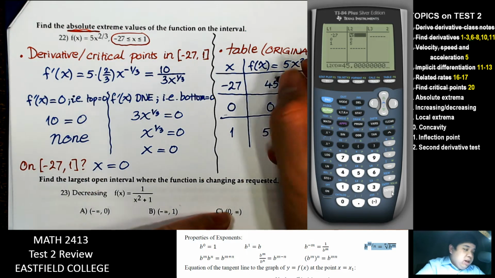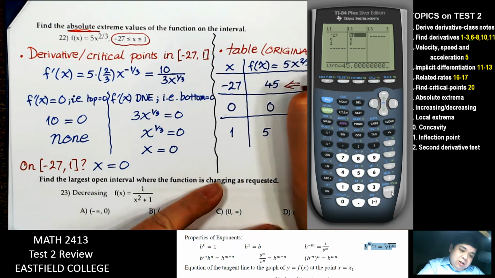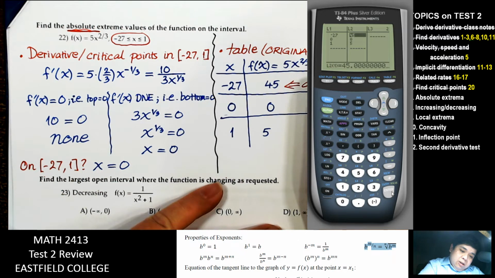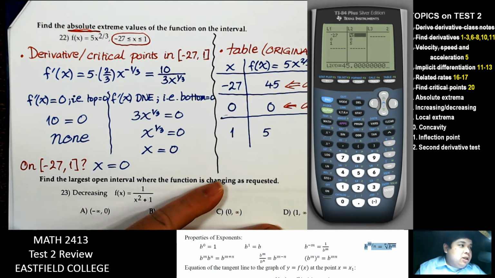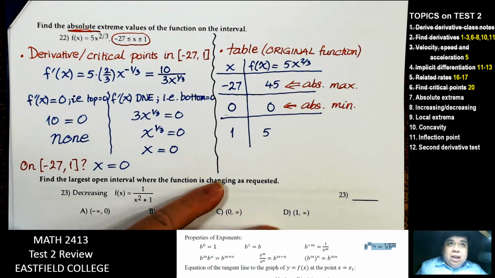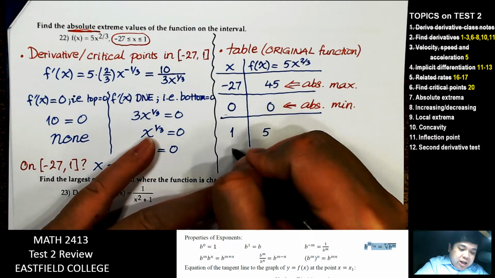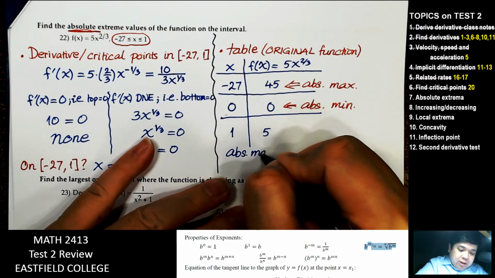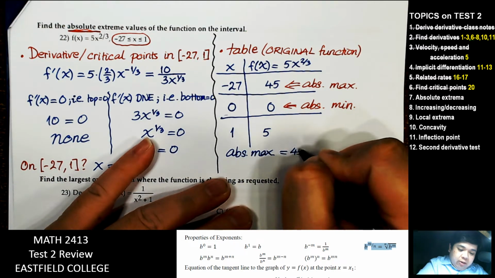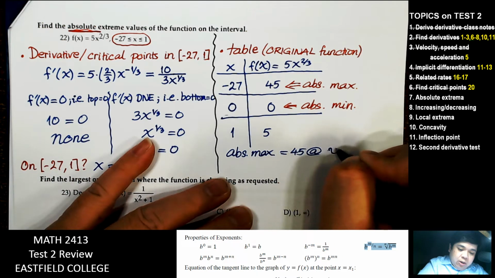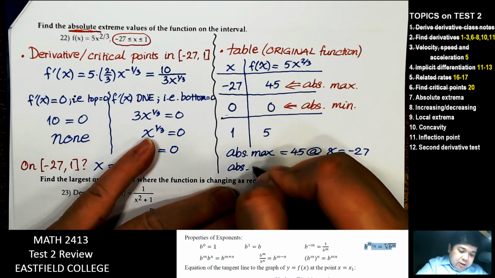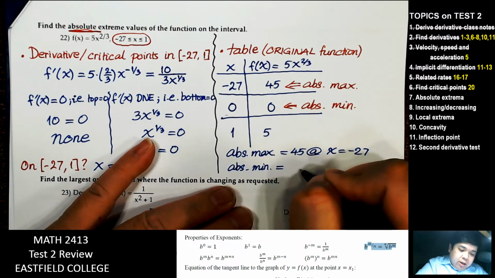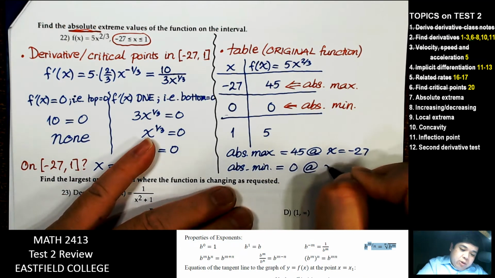So the absolute max is equal to 45, occurring at x equal to negative 27, and the absolute min is equal to 0 at x equal to 0.